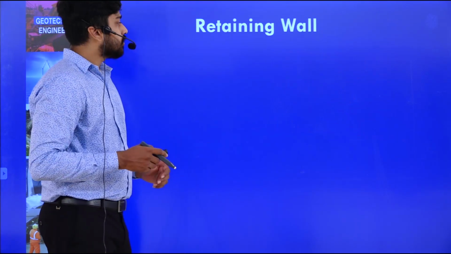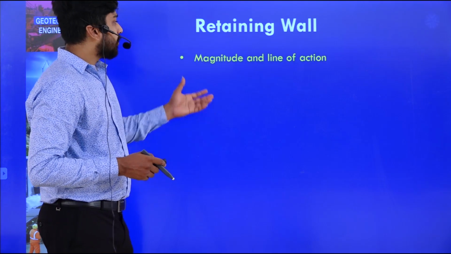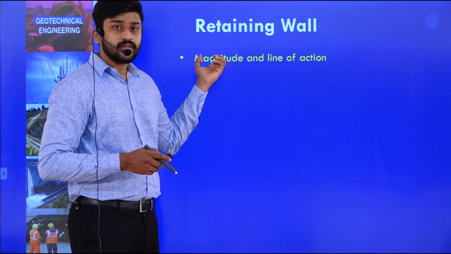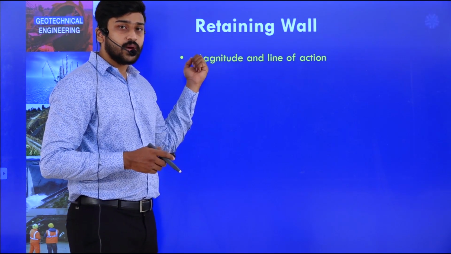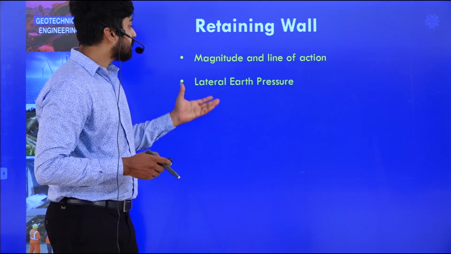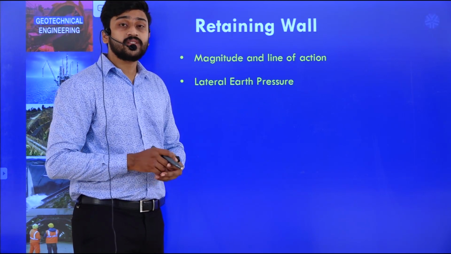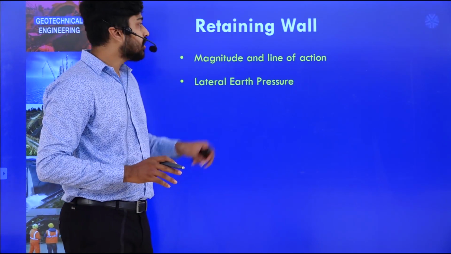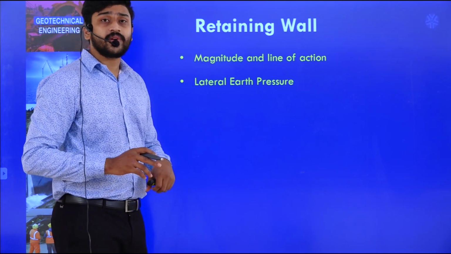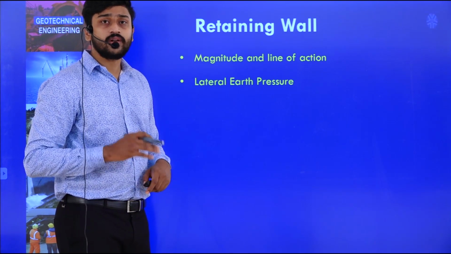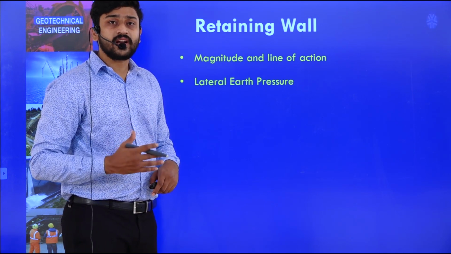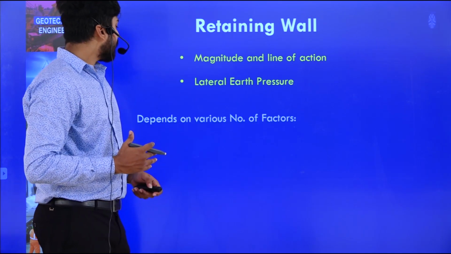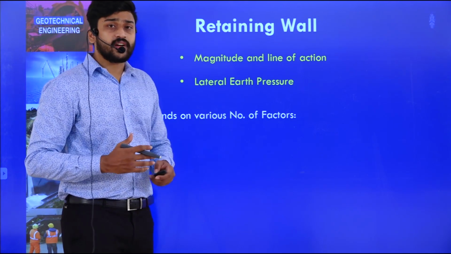As I've stated, the magnitude and line of action of the pressure coming onto the retaining wall, and the lateral earth pressure, that means what is the lateral earth pressure that is coming onto the retaining wall. These two are important parameters in the design or analysis of a retaining wall. Apart from that, it depends on various other factors.